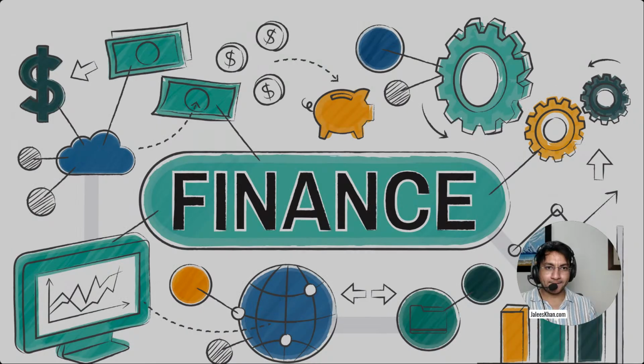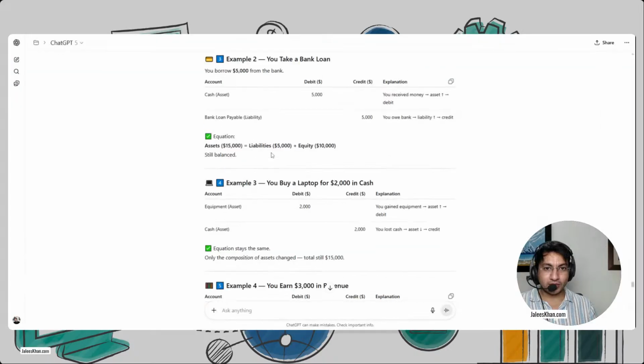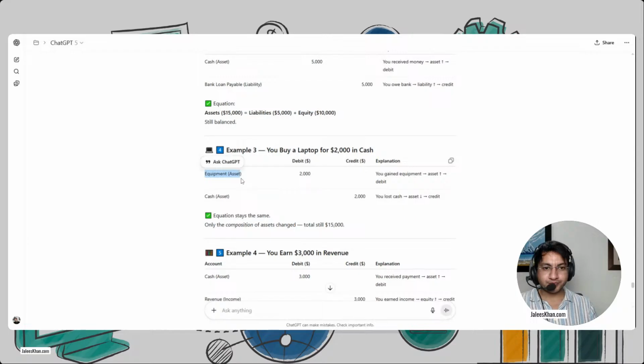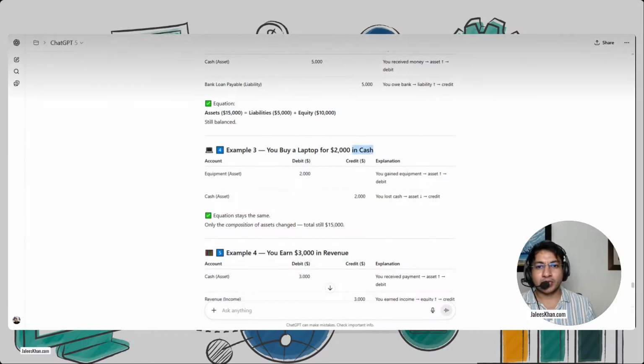Okay, now the third example. Here it is: equipment. You buy a laptop for $2,000 in cash. What is it doing?